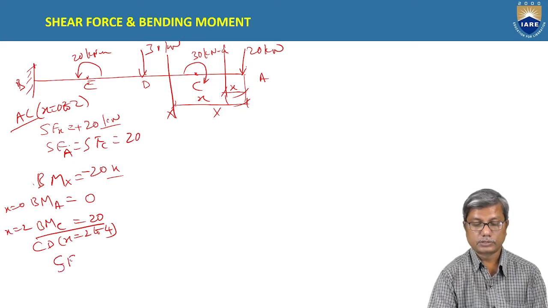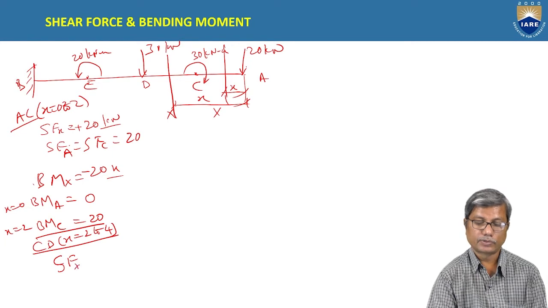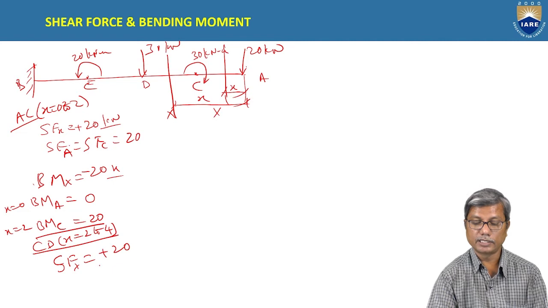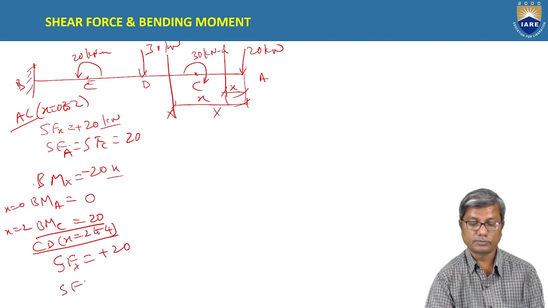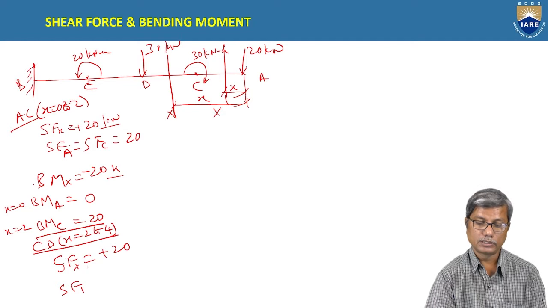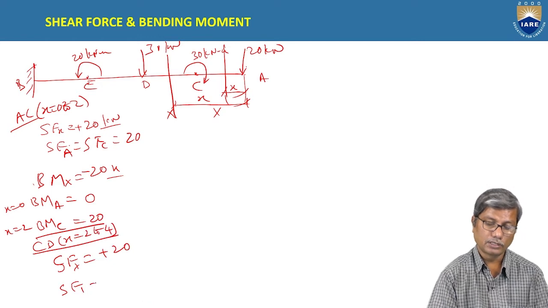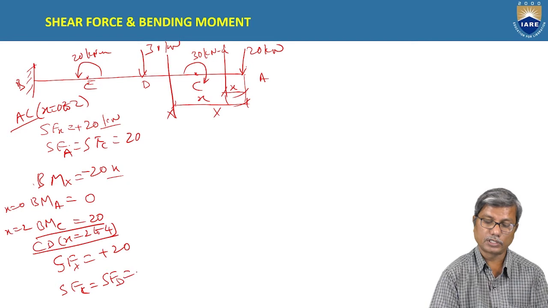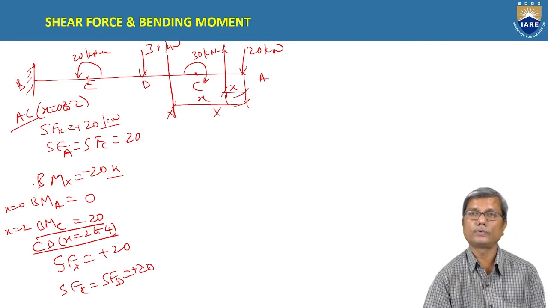Shear force at x is plus 20 again. So shear force remains the same. We add only force. We don't add this 30. 30 is a moment. We should not add that. So shear force at C and at D is equal to 20.